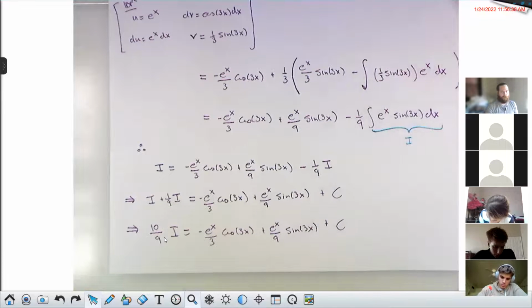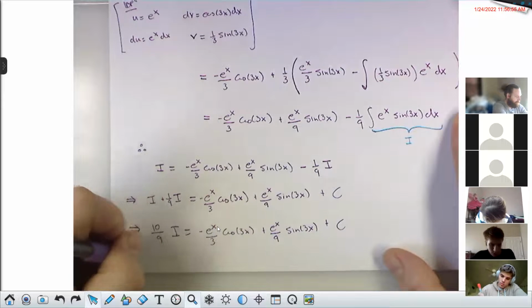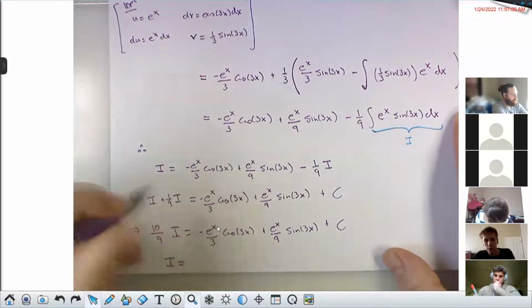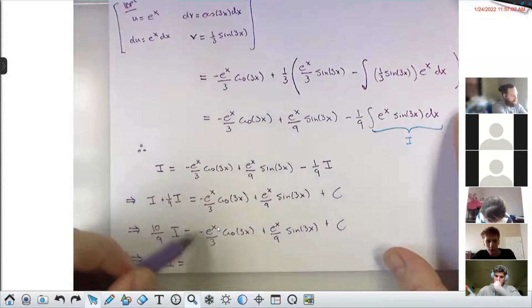And so your last step is to solve for I, which you do by dividing both sides by 10/9 or multiplying both sides by 9/10. So if I multiply everything over here by 9/10, what happens? Let's write it. Our integral is equal to 9/10 times -1/3.